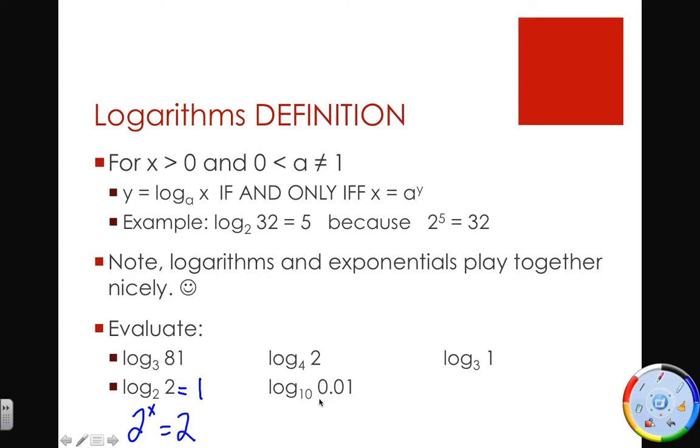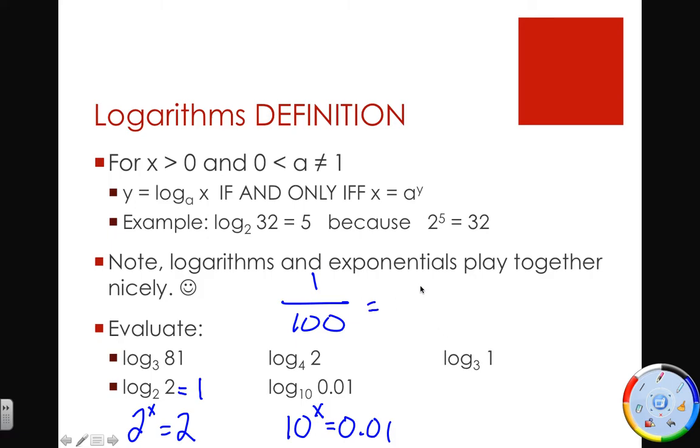What about log base 10 of 0.01? So 10 to what power is equal to 0.01? Well, that's a pretty good question because this doesn't really seem like it's got anything in common. But 0.01 is actually 1 over 100.